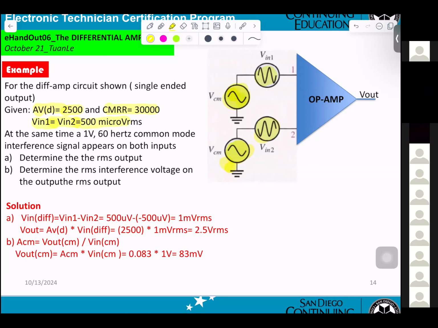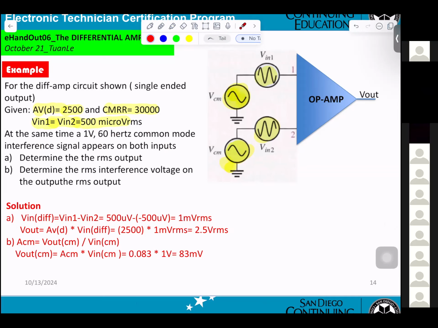At the same time, a 1 volt, 60 hertz common mode interference signal appears on both inputs. You understand this? Just the noise. They want to know the RMS output. See how they calculate it.